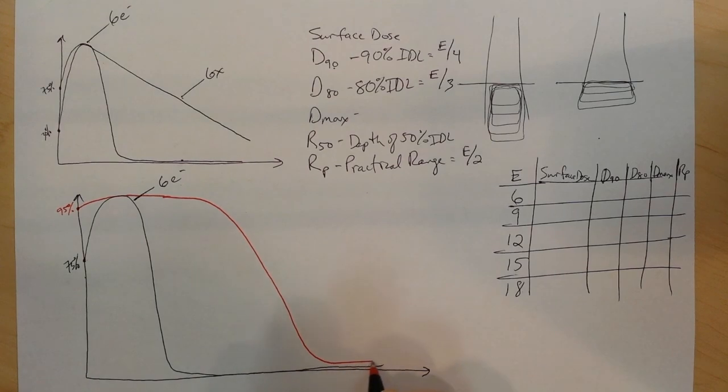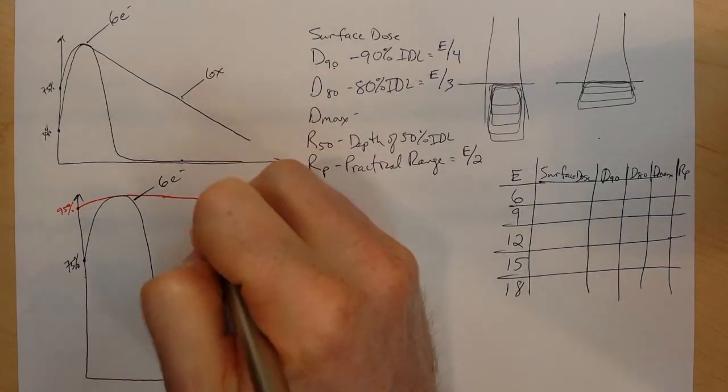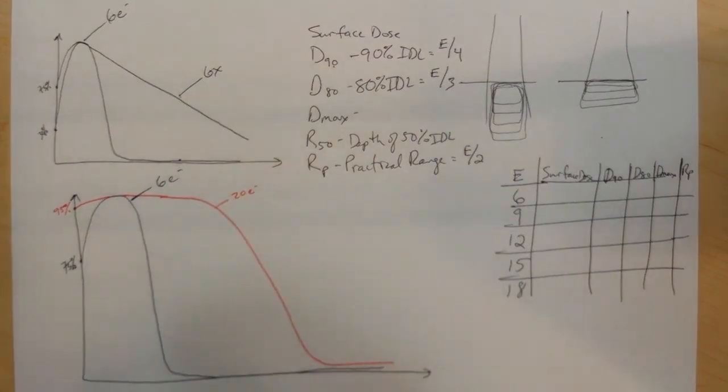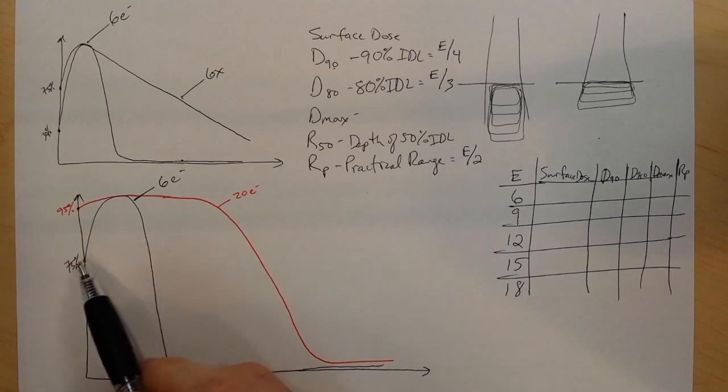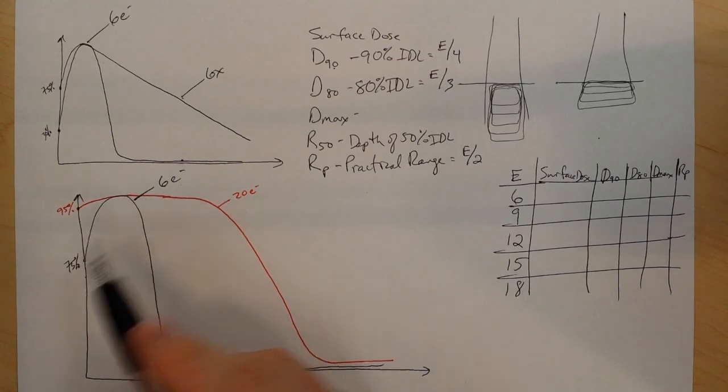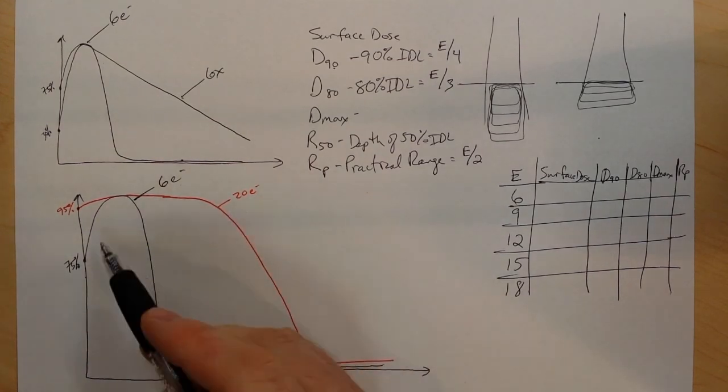I'm only picking these two because they're drastically different. So, points to make about the two percent depth dose curves and how they are changed by changing the electron energy.